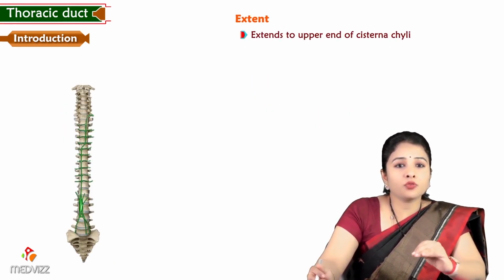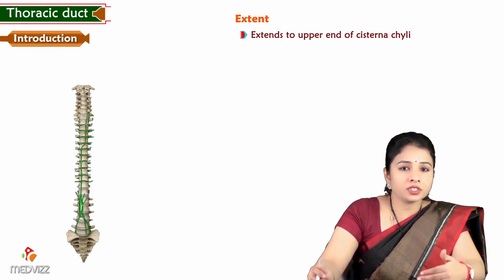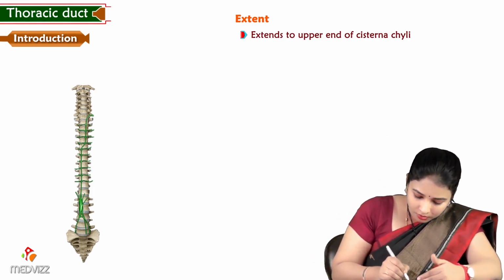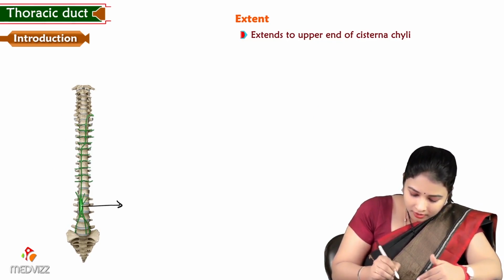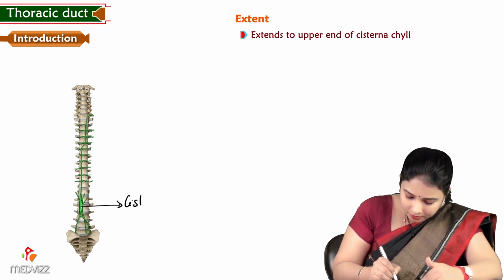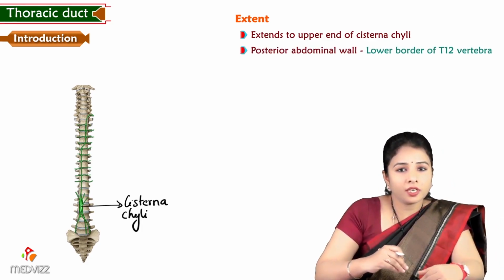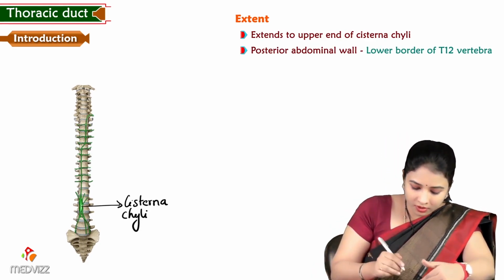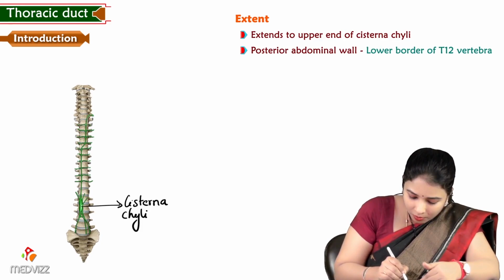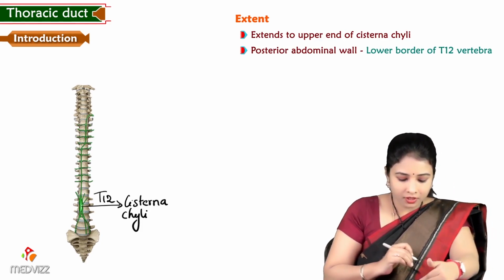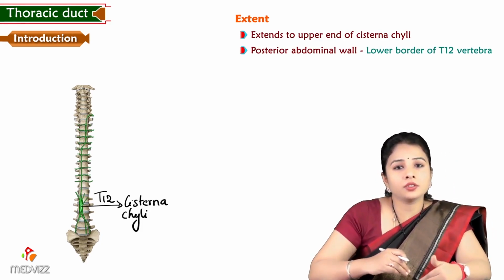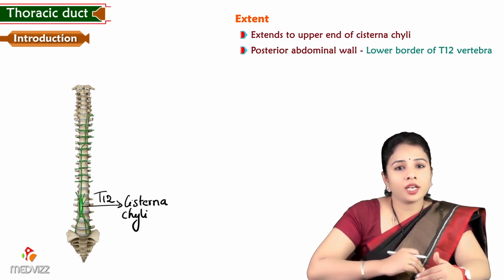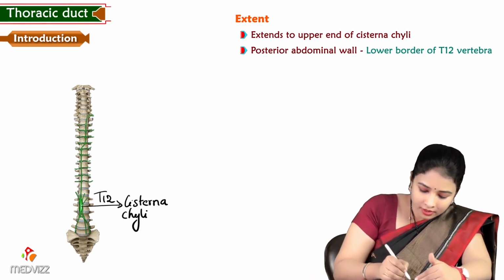Thoracic duct extends from the upper end of cisterna chyli. So the dilated one is the cisterna chyli. On the posterior abdominal wall, the cisterna chyli is present at the lower border of T12, and it continues above as the thoracic duct.